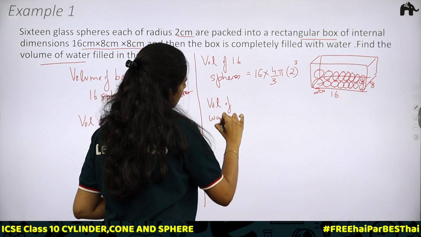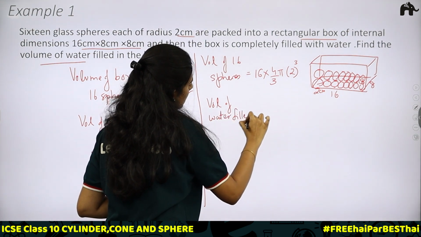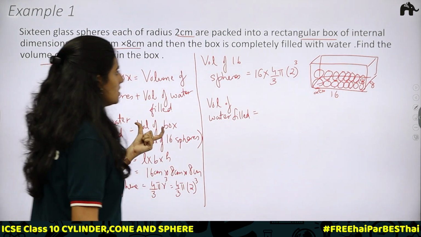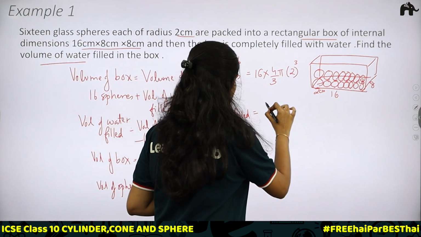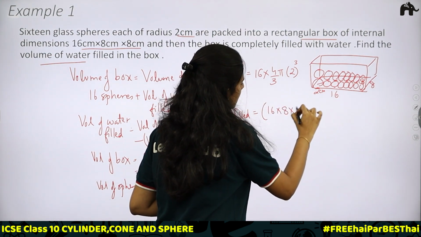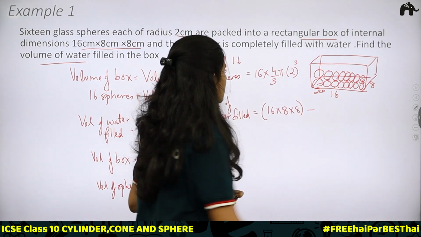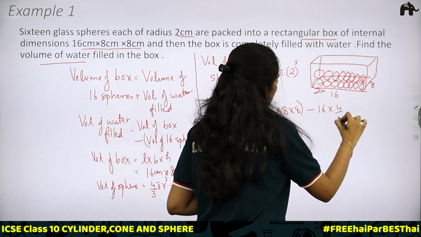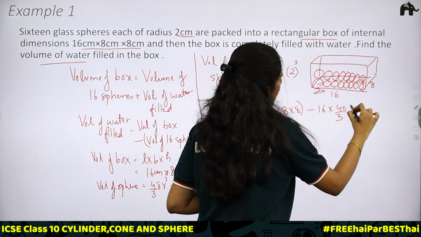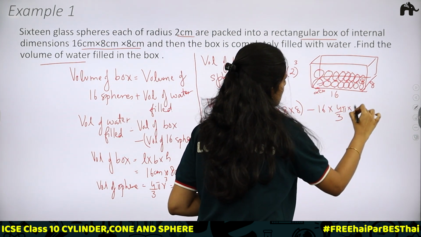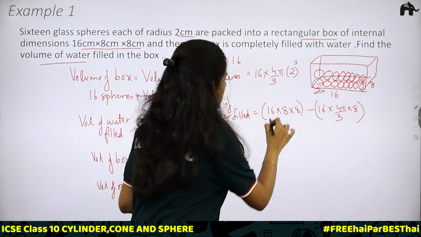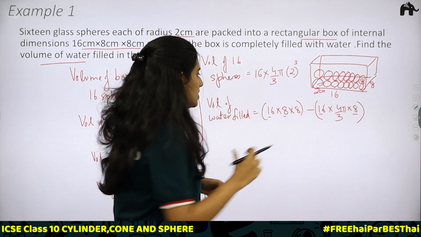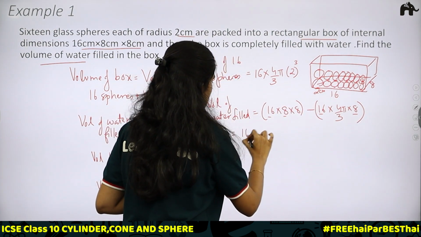Now we can substitute. Volume of water filled is equal to volume of box minus volume of 16 spheres. What is the volume of box? We have 16 into 8 into 8 minus volume of 16 spheres, that is 16 into 4 by 3 pi r cube, that is 2 cube, which is 8. 16 and 8 are common, which can be taken out. 16 into 8.